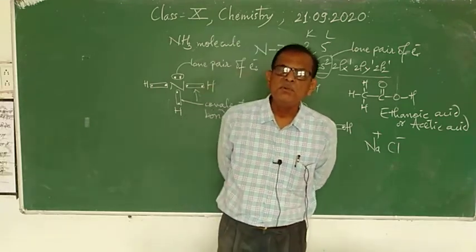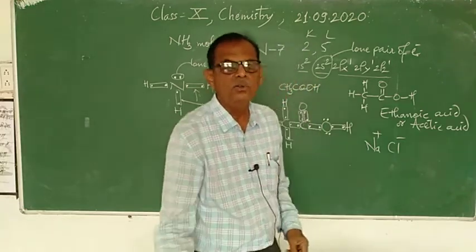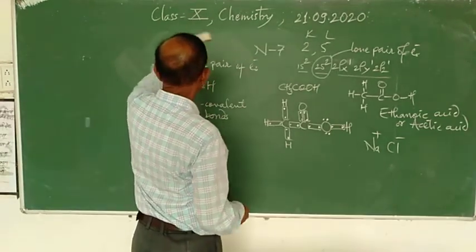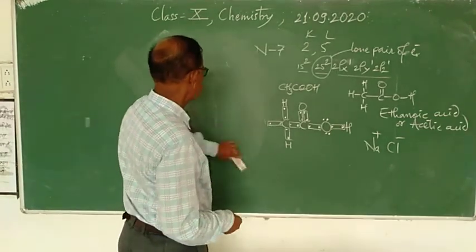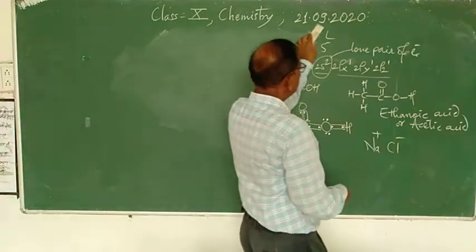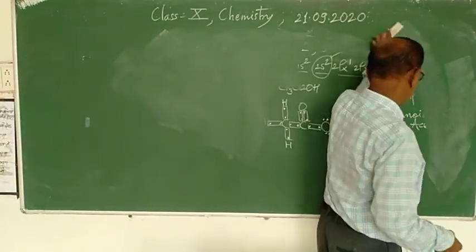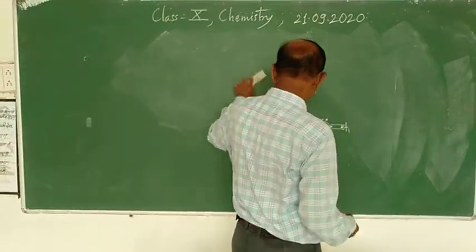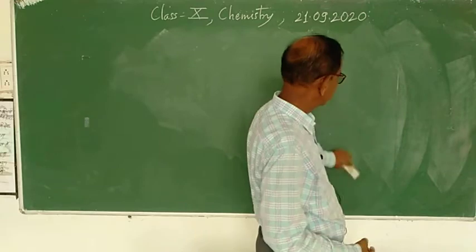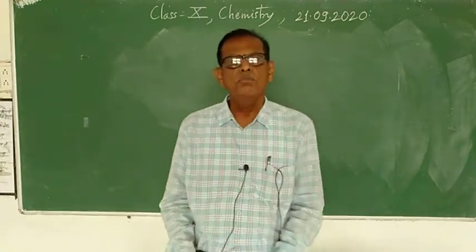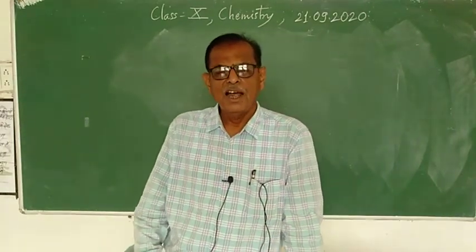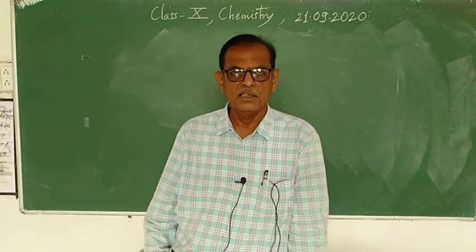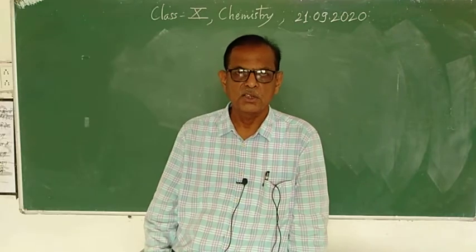Now what is the difference between graphite and diamond? Both are different forms of carbon. Diamond is a poor conductor of electricity, and diamond is the hardest substance present on the earth.